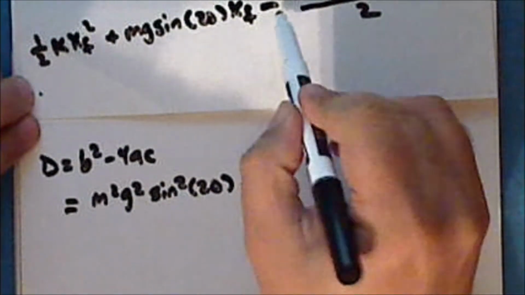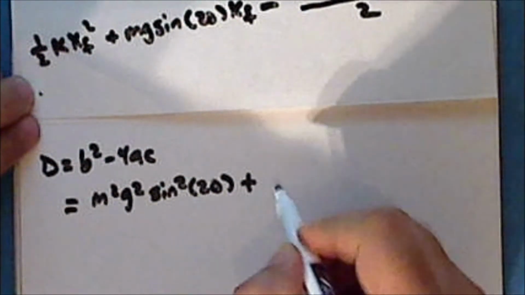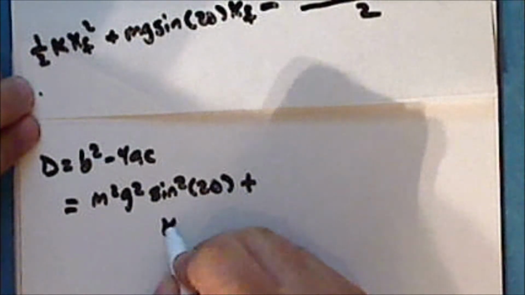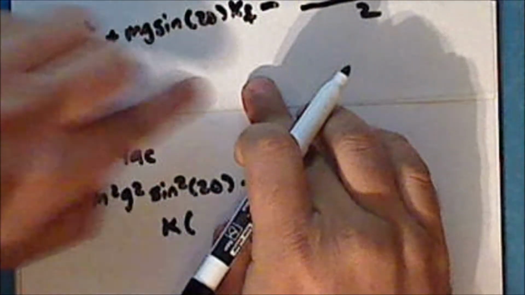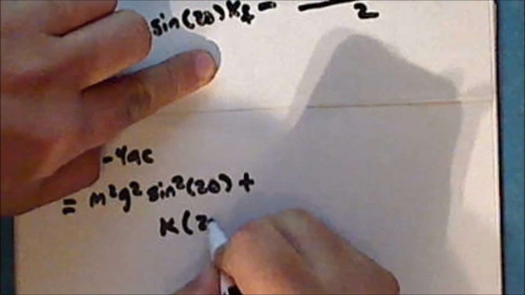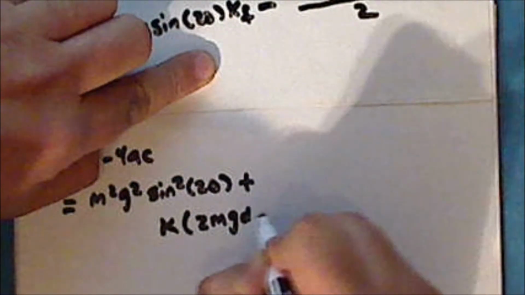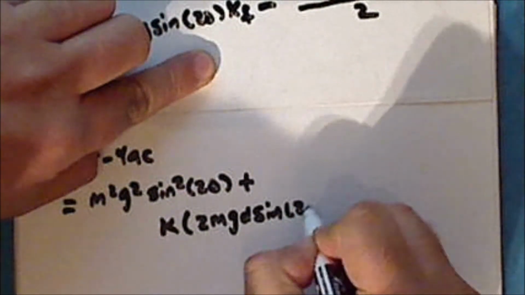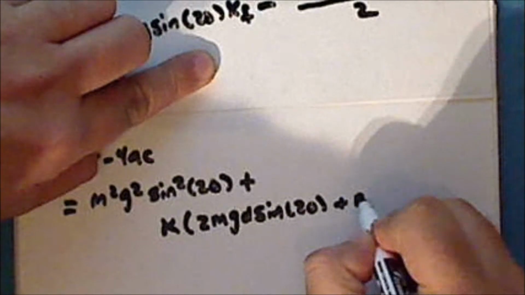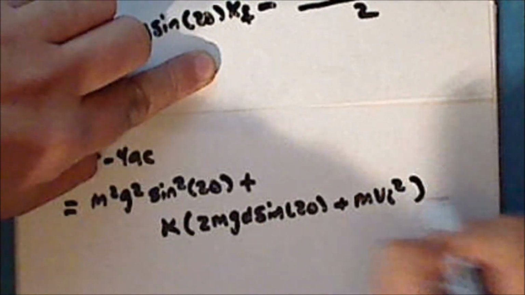A negative and a negative makes a positive, and so this is plus k times the quantity 2mgd sine of 20 plus m v initial squared.